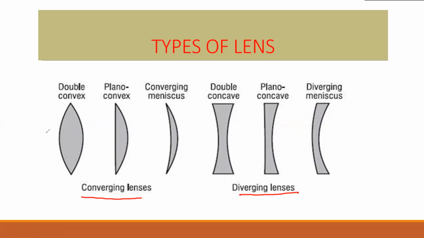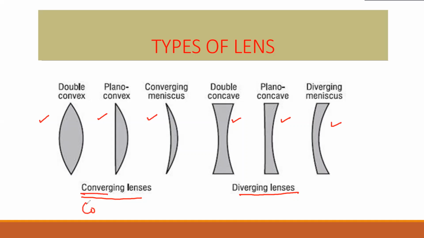Converging lenses are of three types: double convex, plano-convex, converging meniscus. Similarly, diverging lenses are of three types: double concave, plano-concave, and diverging meniscus.